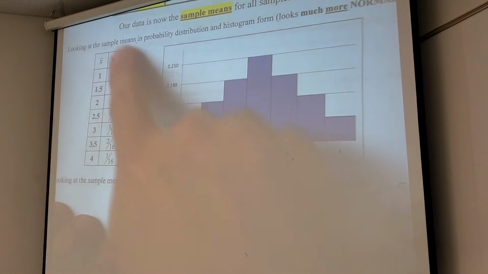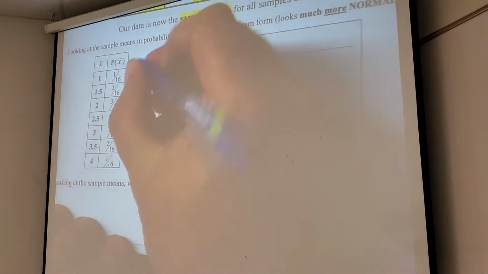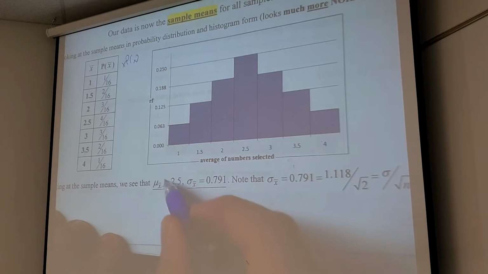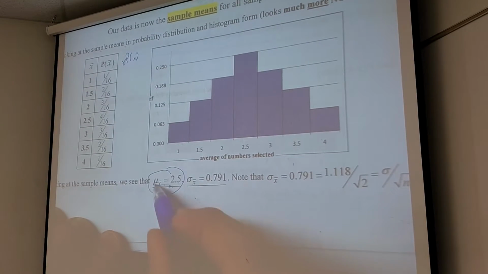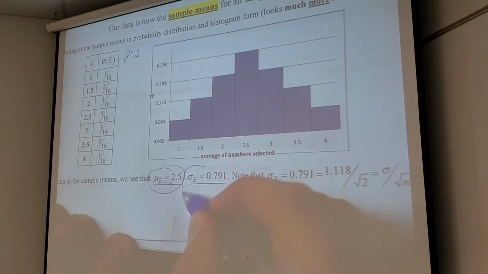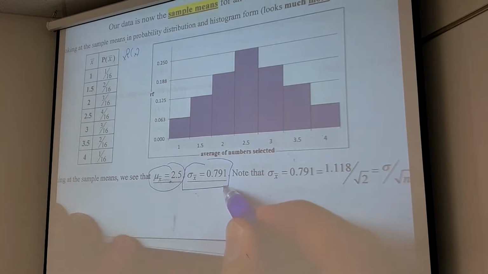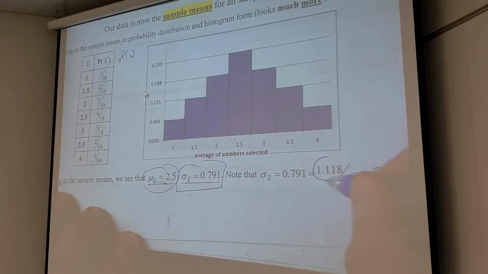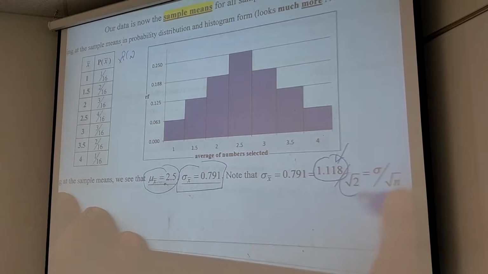Okay. And if I redo all the work for this to find its standard deviation and so forth, I get the same mean. The mean of the means is 2.5, but I get this standard deviation, which is equal to the original standard deviation divided by the square root of 2.